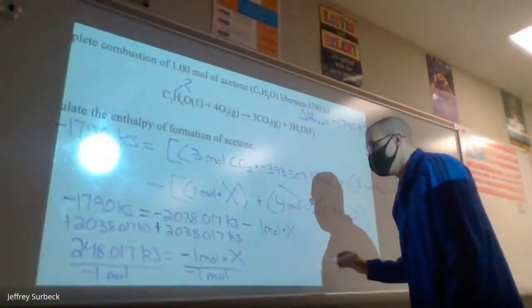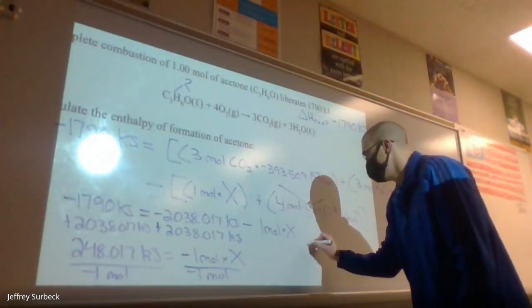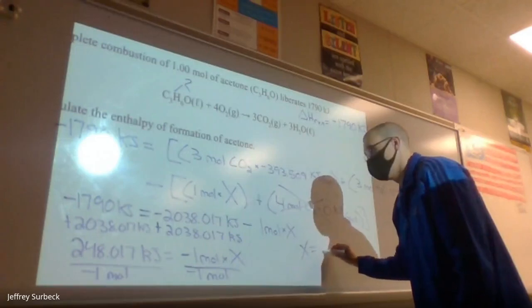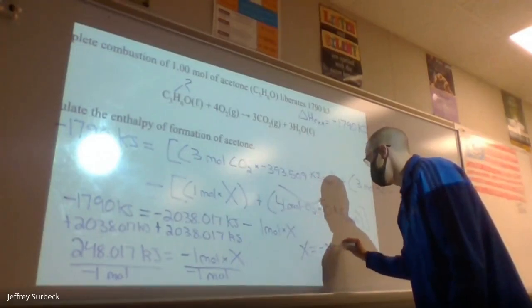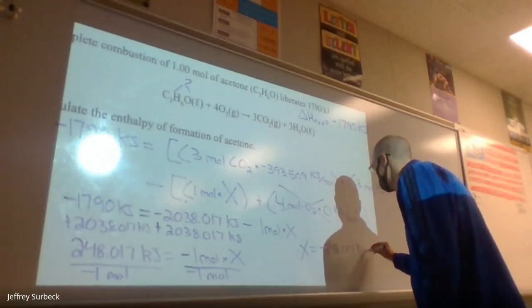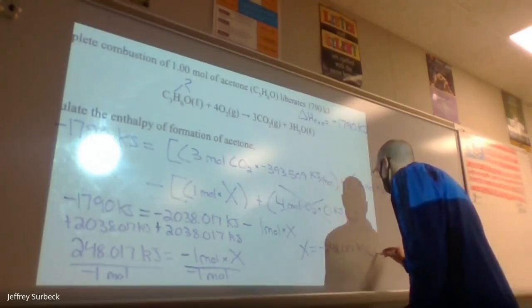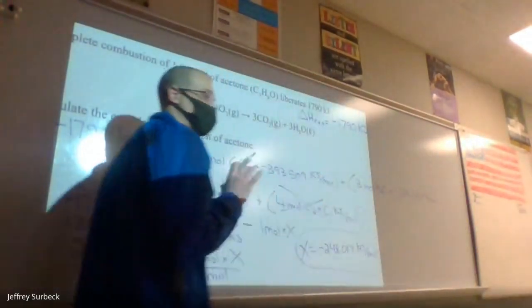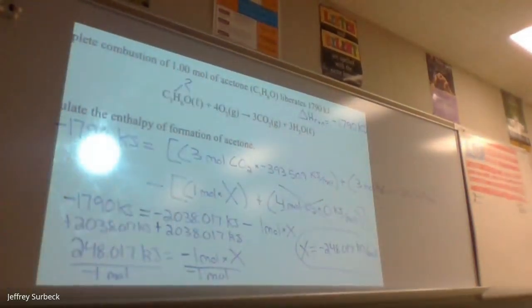Yep. So our X is negative 248.017 kilojoules per mole. Again, all it is, hey, we have a formula. We just got to rearrange or put in what we have and solve for what we don't.